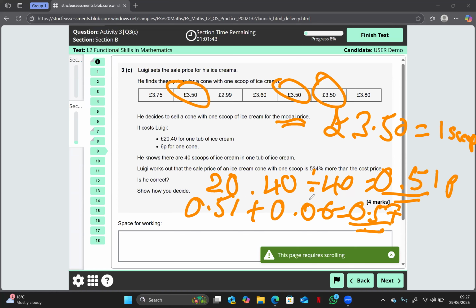Because it's 6 pence for the cone and 51 pence for each scoop in the tub, as we know there are 40 scoops.